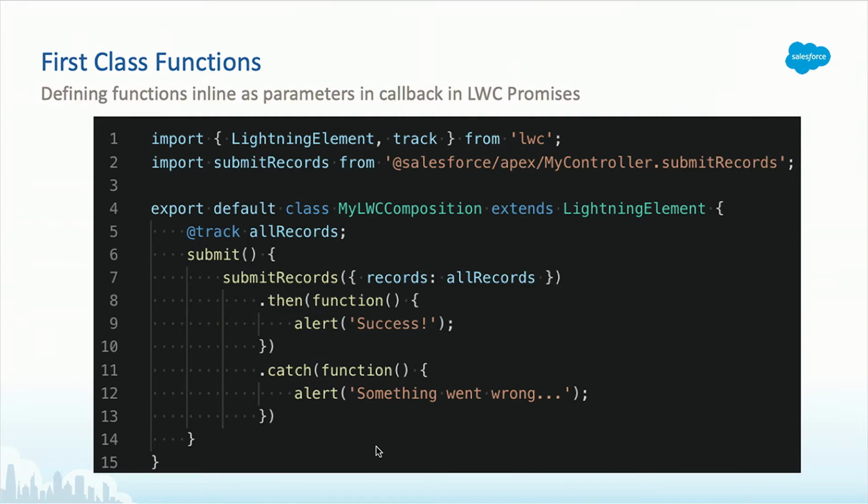And then and catch both accept functions as a parameter. These are the callbacks. I define those functions inline here, which you'll often see when you're working with promises. The callback that is passed to the then function just alerts success, and the callback passed to the catch function alerts something went wrong.